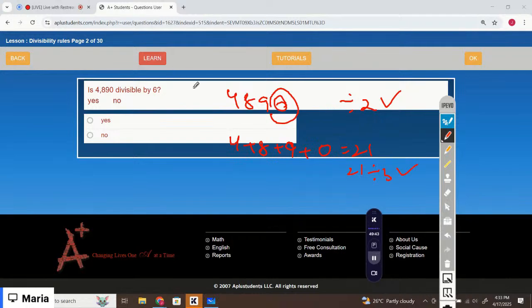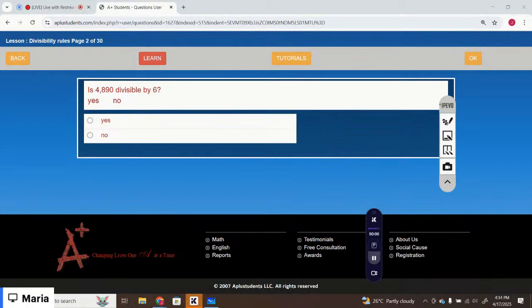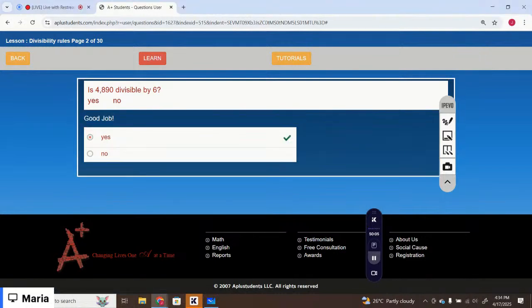So the number is divisible by 2 and by 3. That means the number is divisible by 6. The correct option is yes. The divisibility rule for 6 is that the number must be divisible by 2 and by 3. So if a number is divisible by 2 and 3, that means the number is divisible by 6.